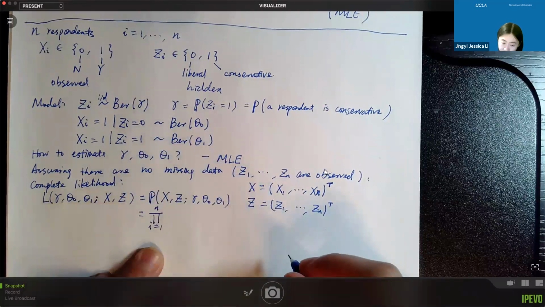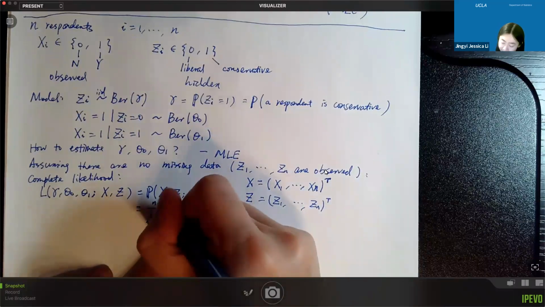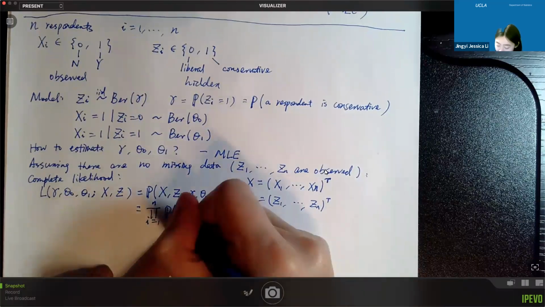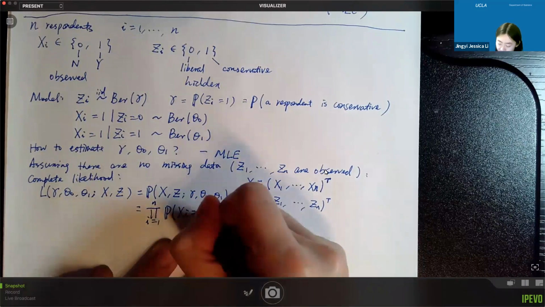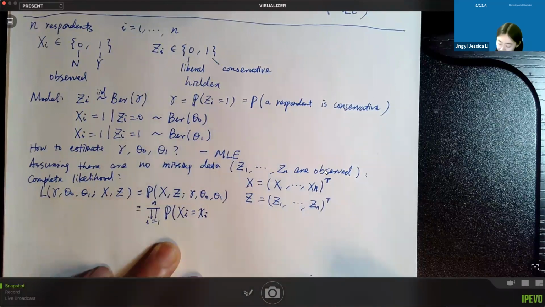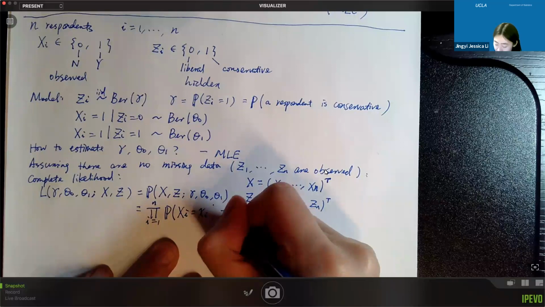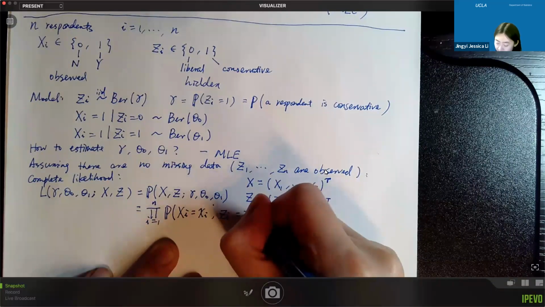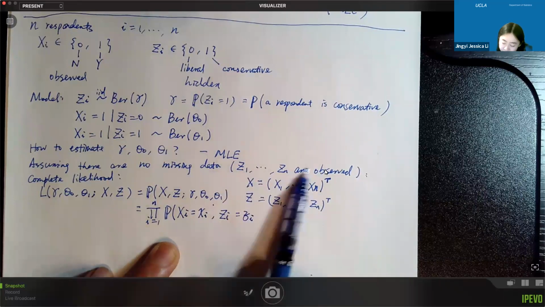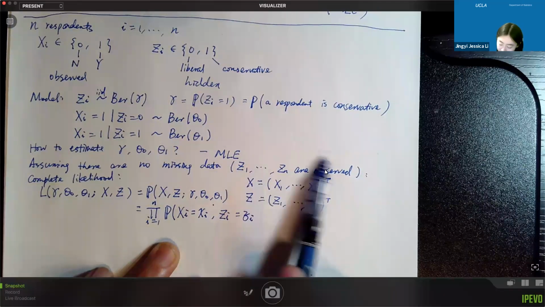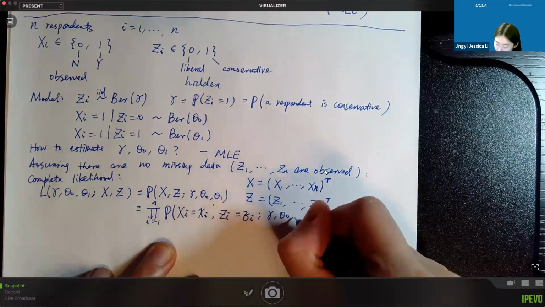It will be the probability that xi is equal to our observed data, lowercase xi, 0 or 1, and zi is equal to our observed zi, lowercase zi, which we actually cannot observe. We just assume that we can observe it to make it simpler, given gamma, theta 0, and theta 1.